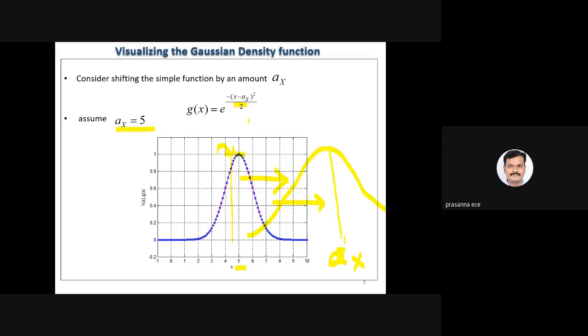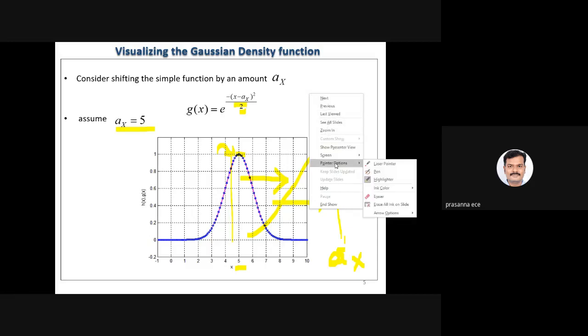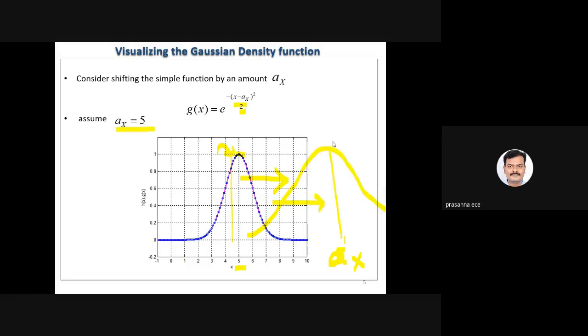Now we are going to introduce some term in the denominator of the exponent. I am denoting that term by sigma x square.